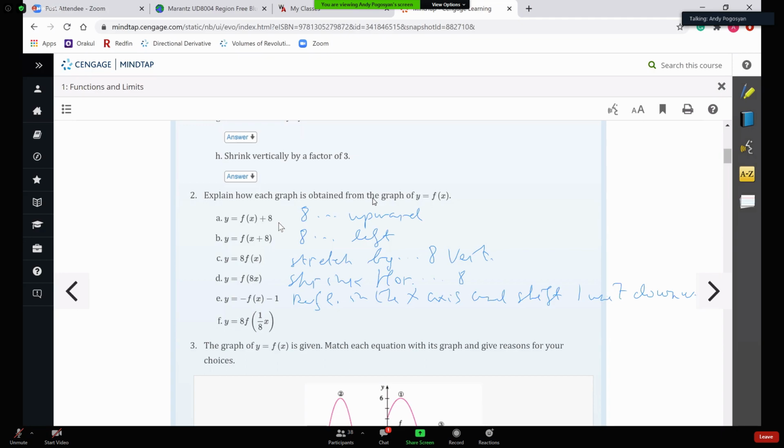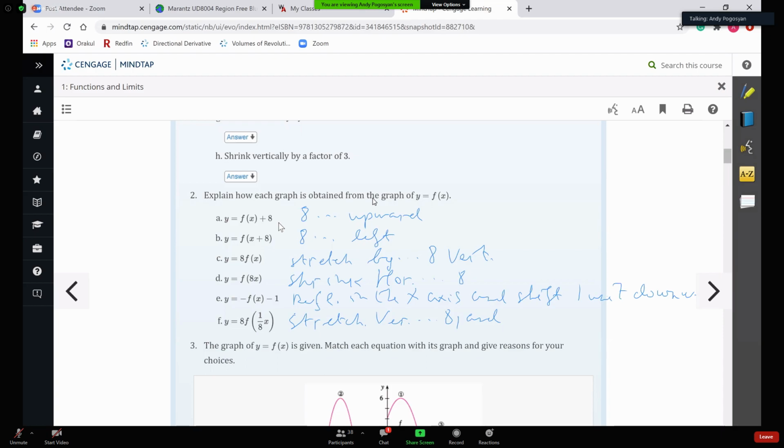Okay, F. 8 f of 1/8 x. Stretch and then shrink. So stretch how? Stretch factor 8 vertically. So stretch vertically by a factor of 8 and shrink horizontally.